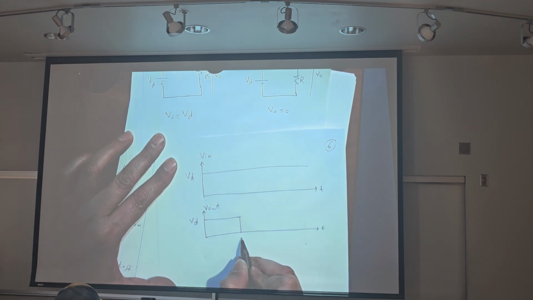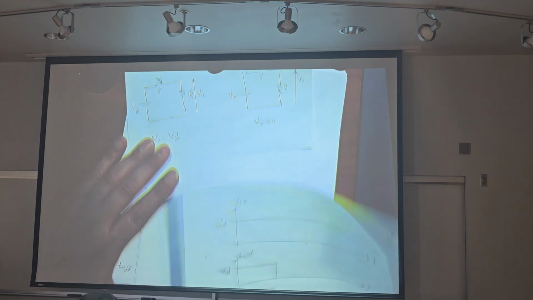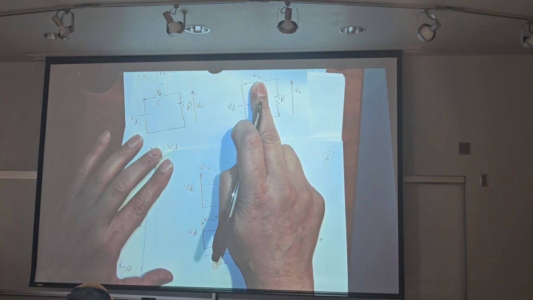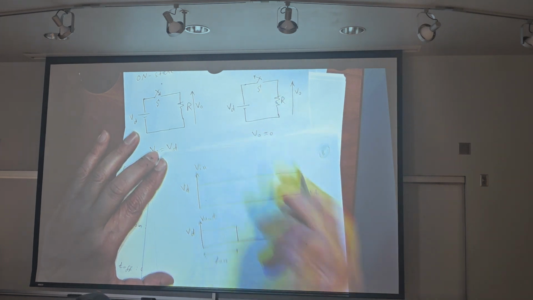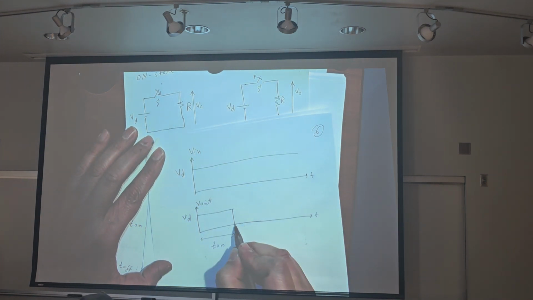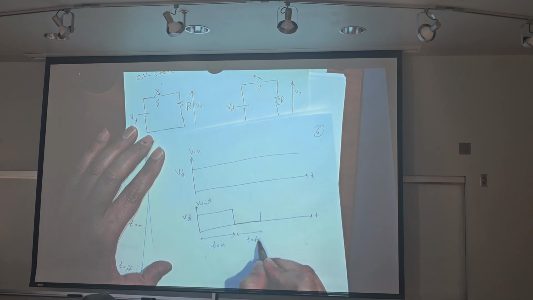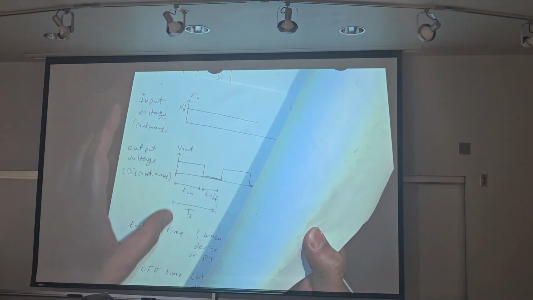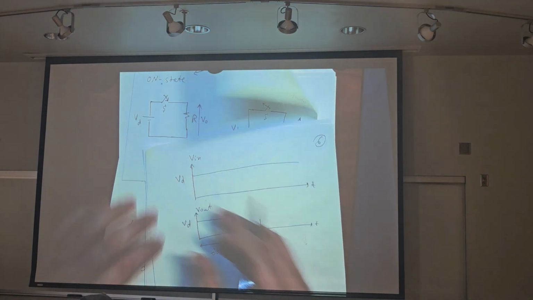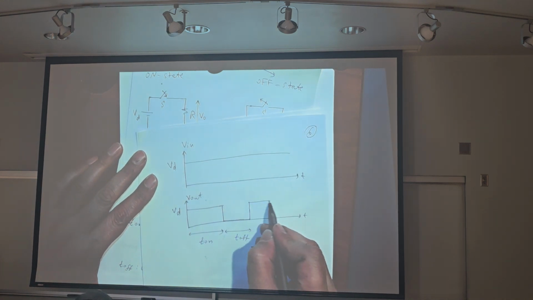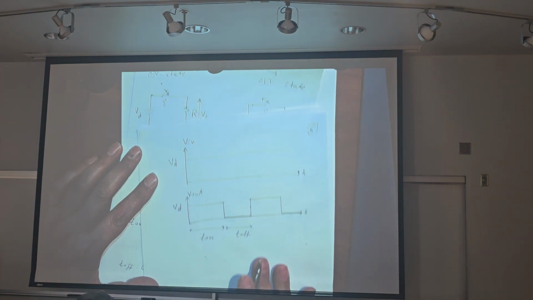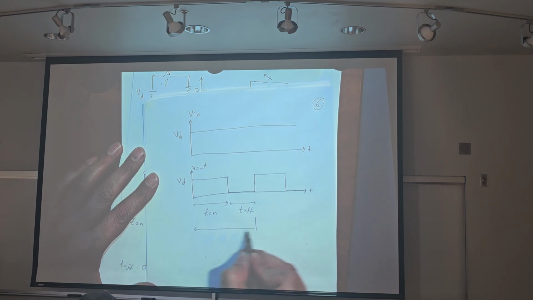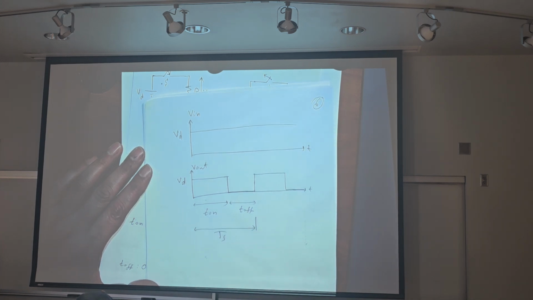This is T on. If the switch is off, I mean open, the output is zero. This is T off. Okay, on, off. But we need just one period. This period is TS.